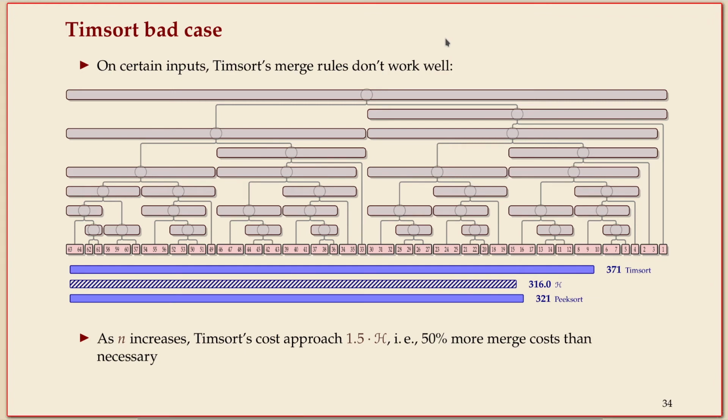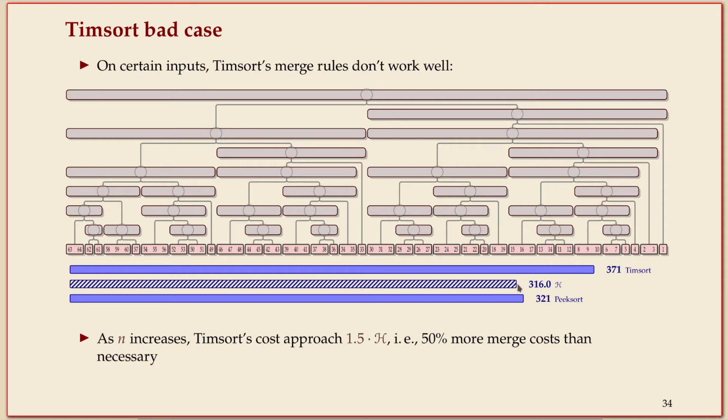And let me show you a case where the rules in Timsort don't work really great. They still work okay-ish, but not great. That's this input where you notice the runs have all length 1, 2, or 3. And there's a peculiar pattern in the run lengths, which means that our lower bound from before, this h, is roughly 316.